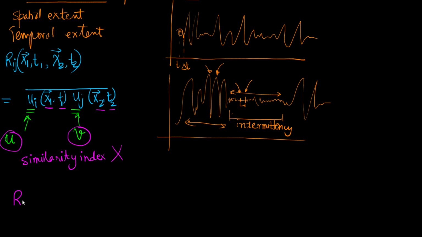So Rij, that is the ensemble over all experiments of ui uj. If you see that it is 0, when can Rij be 0?